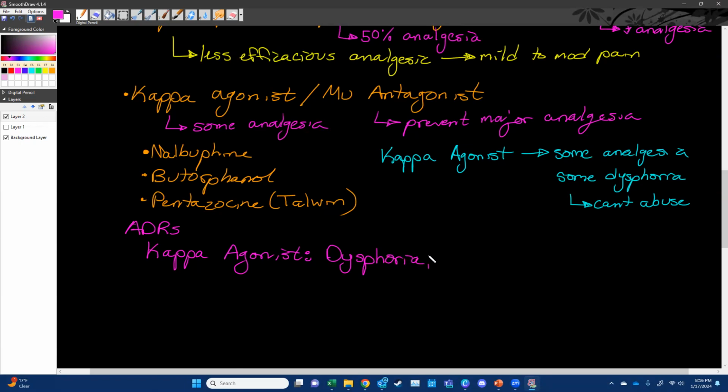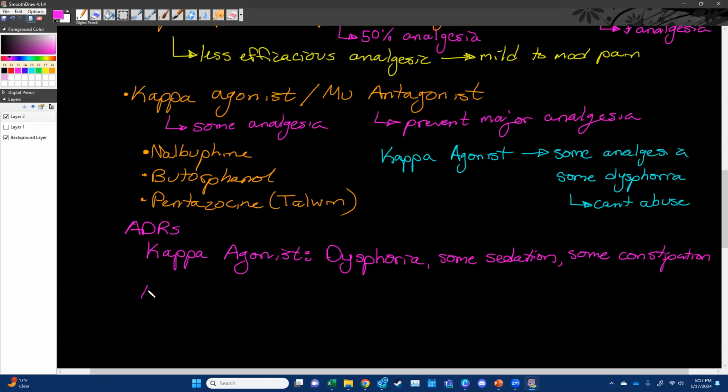You get some sedation and some constipation. The reason why I say only some is because when you look at the number of kappa receptors versus mu receptors in the periphery or in the brain, there's just way more mu. So the effect of mu is much, much higher.